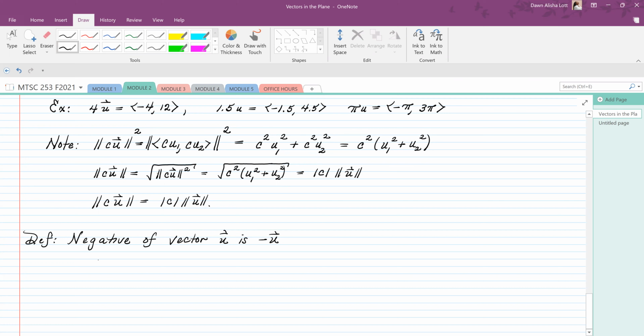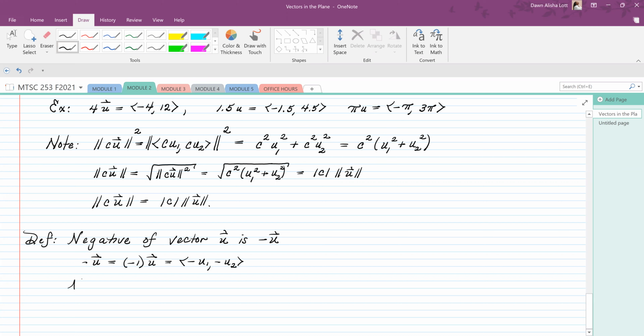So negative U says just multiply U by -1. So that's just going to give me negative U1, negative U2. So negative U goes in the opposite direction as U, but it has the same length.